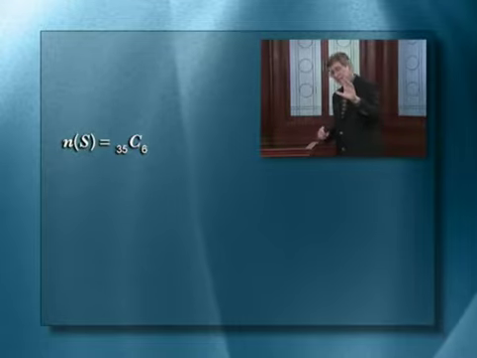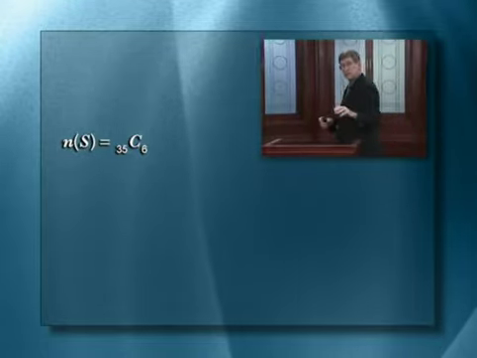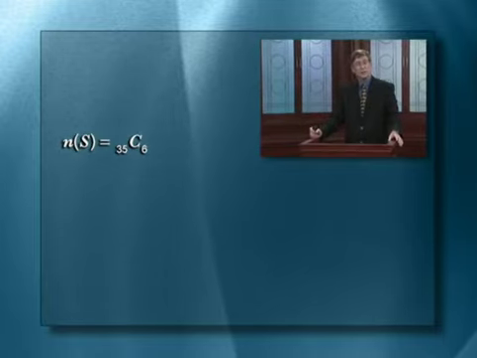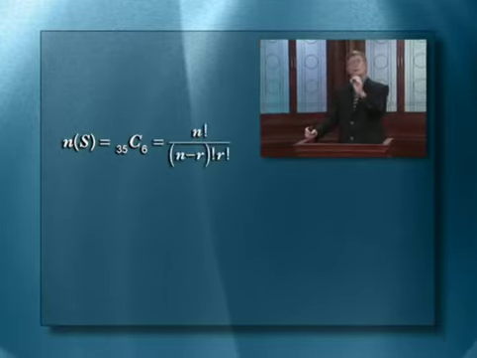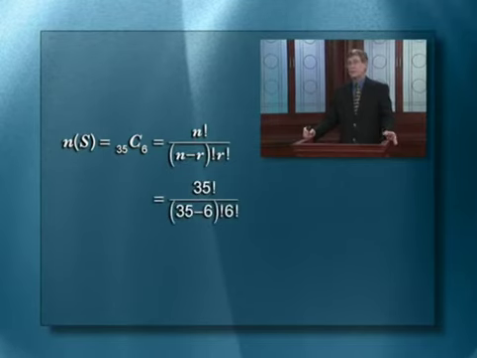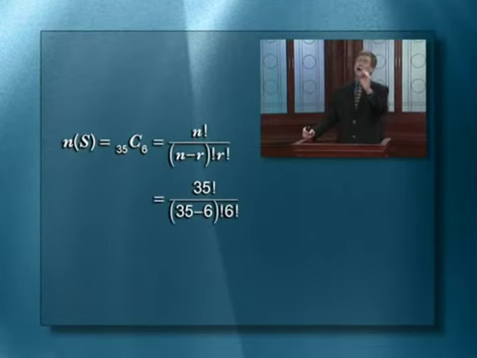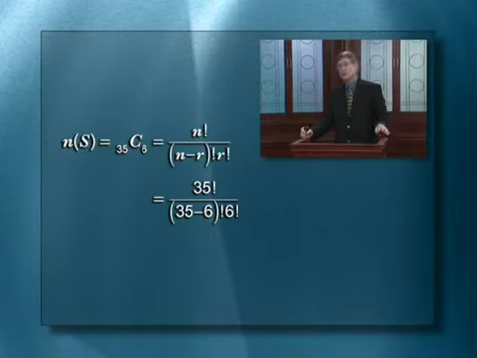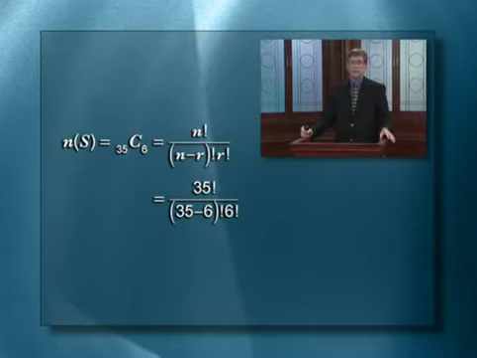It's a calculation that's actually built into calculators, but we can at least show the numbers right now. The numerator would be n factorial, that's 35 factorial, and the denominator is n minus r factorial, or 35 minus 6 factorial, times r factorial, which is 6 factorial.